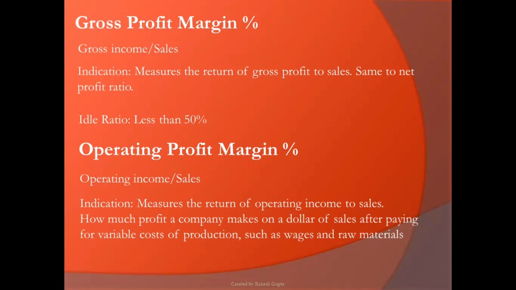It shows the efficiency of a company in controlling the cost and expenses associated with business operation. What is the ideal ratio? Around 20%.